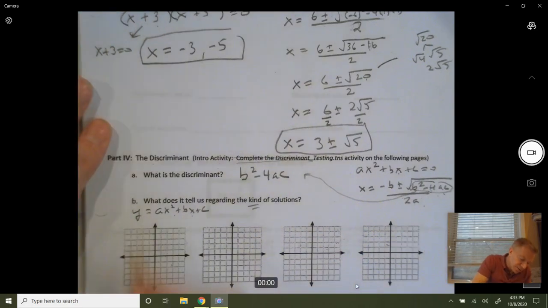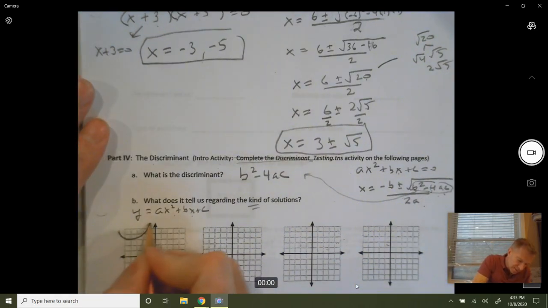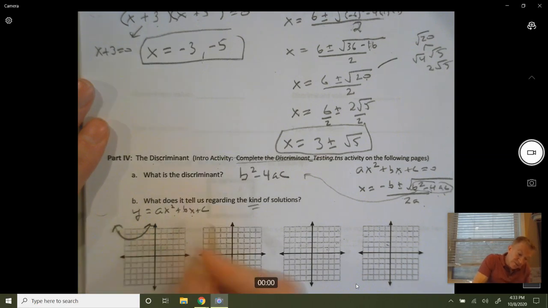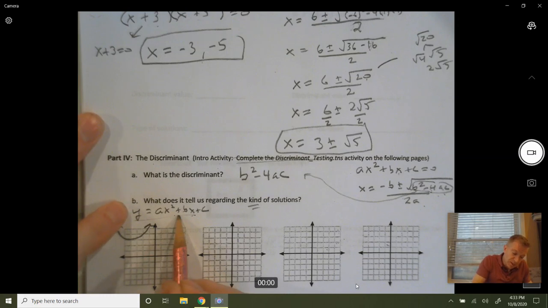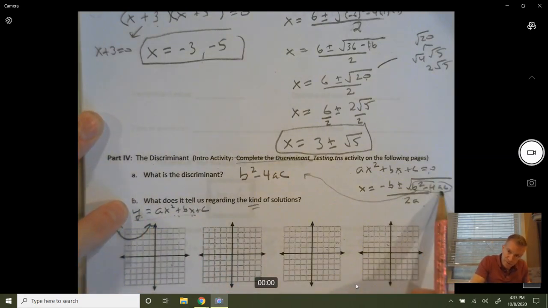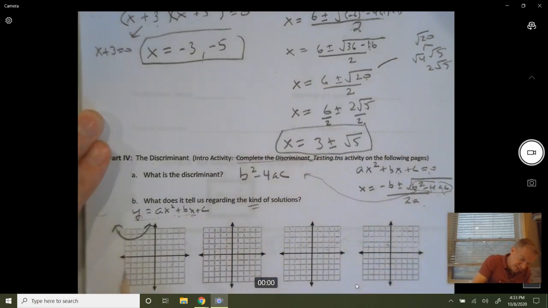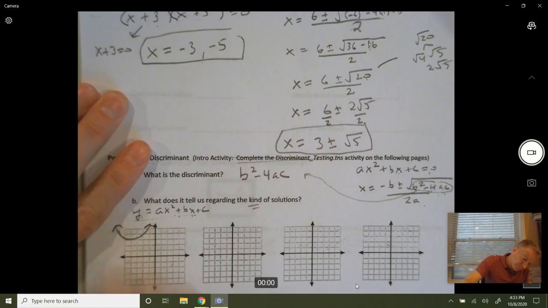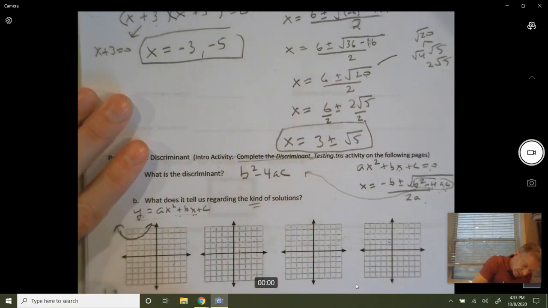Your graph might look something like this. When you set the y equal to 0 you get no solution, so this is the case where the discriminant is negative. I'm going to say b squared minus 4ac is less than 0.